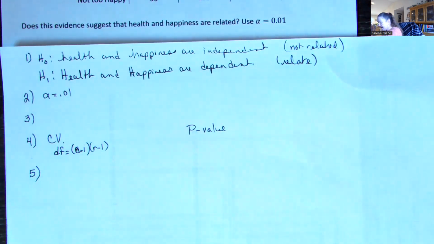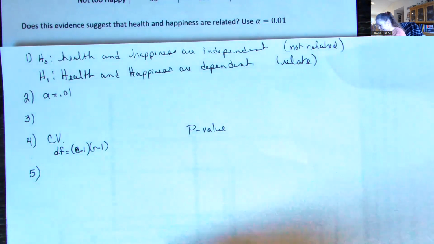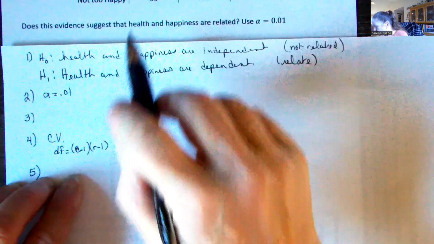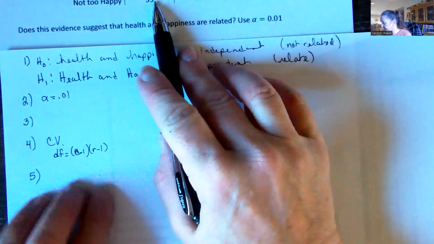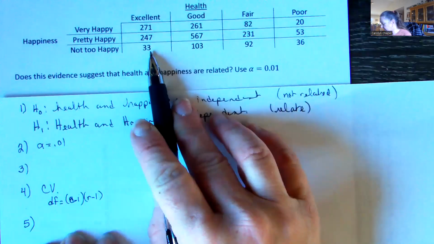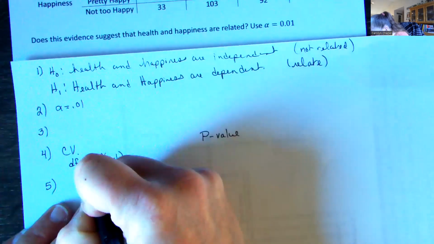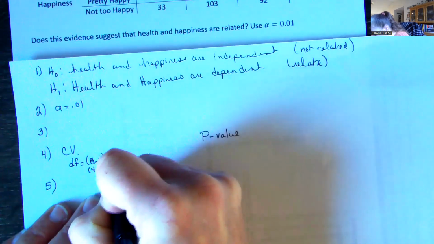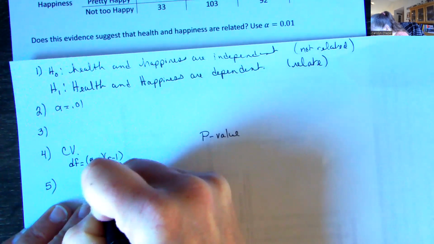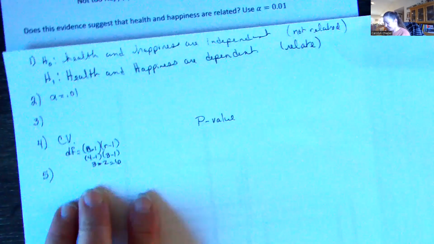So if we look at our table, we have 1, 2, 3 rows, and we have 1, 2, 3, 4 columns. So 4 minus 1 times 3 minus 1, which is 3 times 2, or 6.